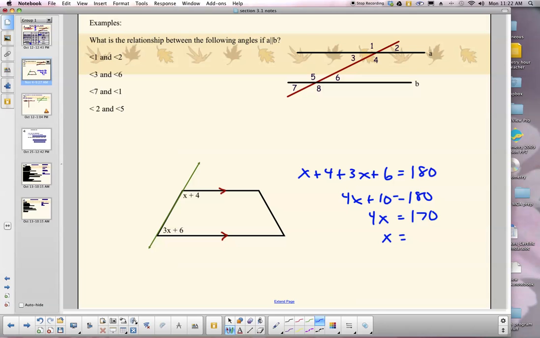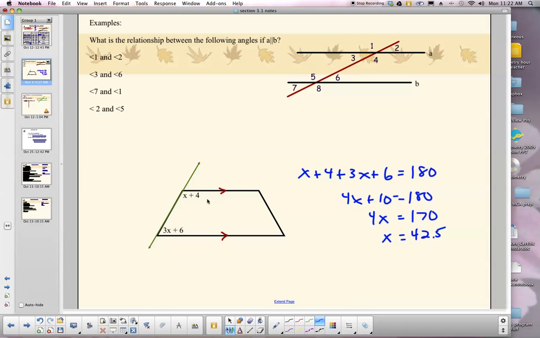And then you would divide 170 by 4, and you would get 42.5. And then you could stick that back in there to get your angle measures.